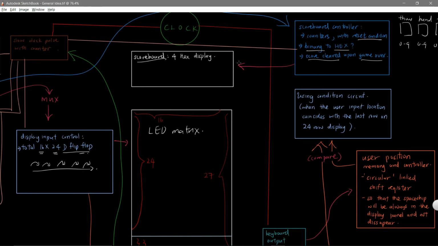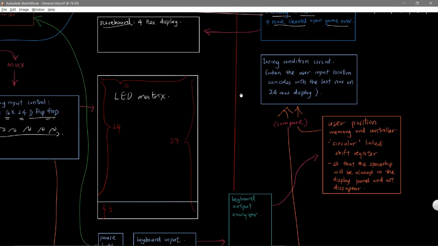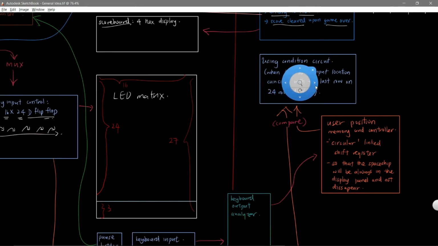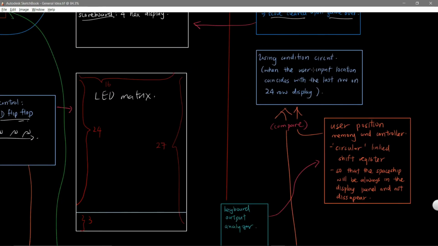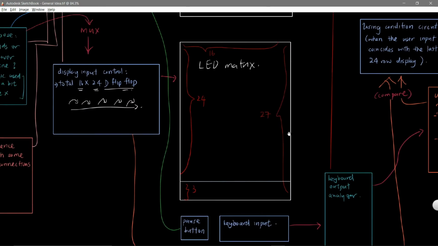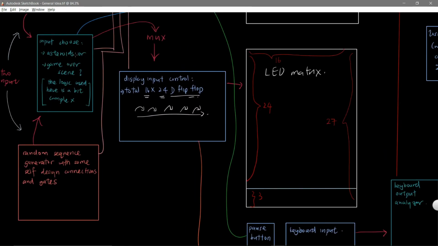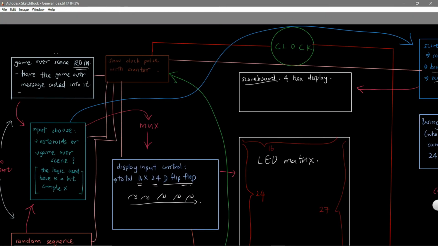So you see there's a connection here. And you want a losing condition circuit. This circuit compares given information and sees if they are equal. So if they are equal, a losing condition is announced, and it will tell the input to choose this game over scene.